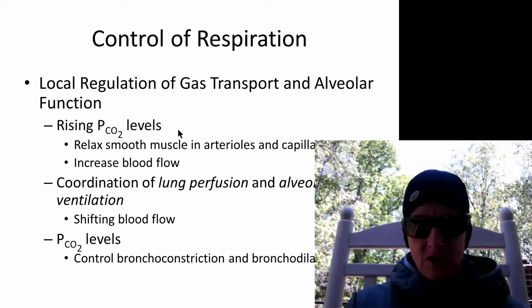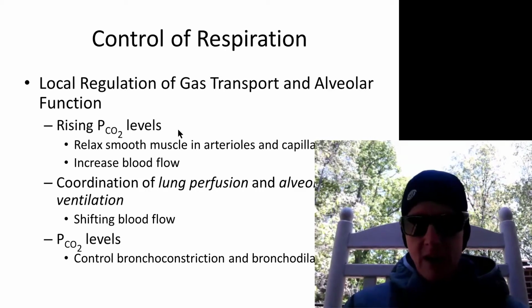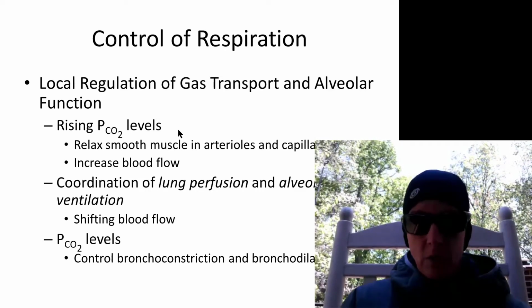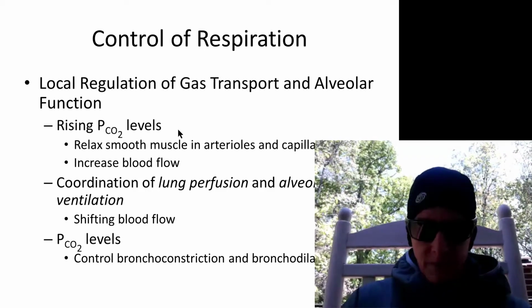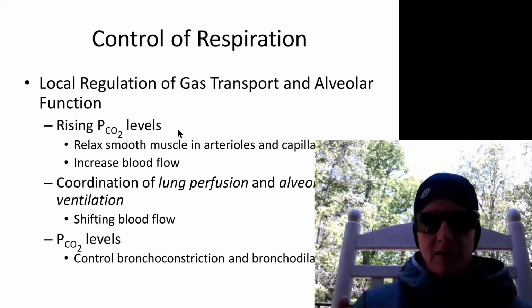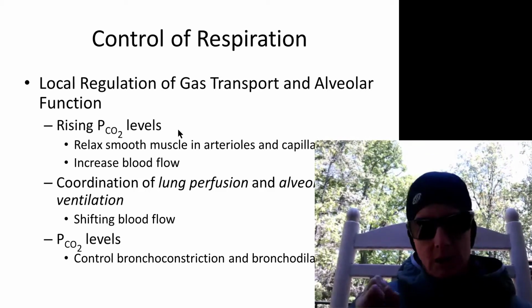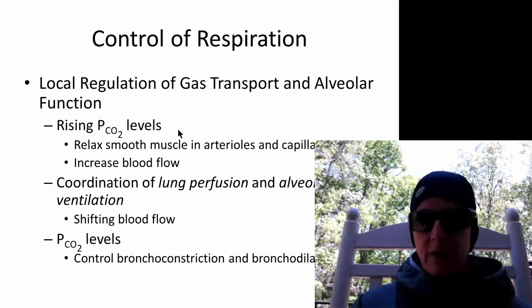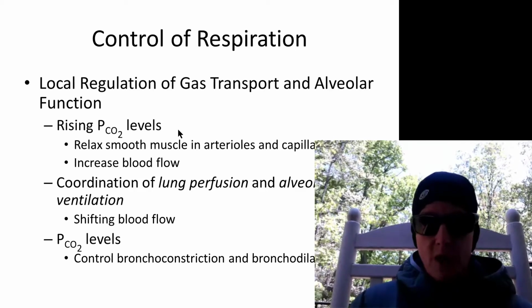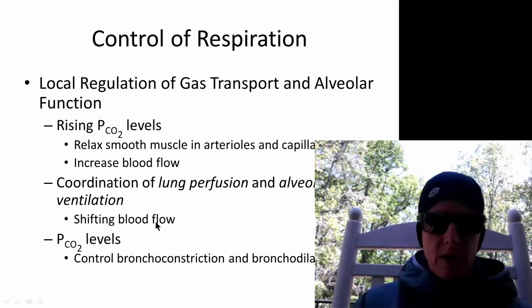Eventually, when you off-gas all the carbon dioxide, the alveoli that were filled with carbon dioxide will, when you take your next inhalation, be filled with oxygen. And so we're constantly shunting the blood flow by dilating the arterioles and capillaries around the alveoli. We're shunting the blood flow to the alveoli with the most oxygen content, and we're going to be constantly shifting this blood flow around.